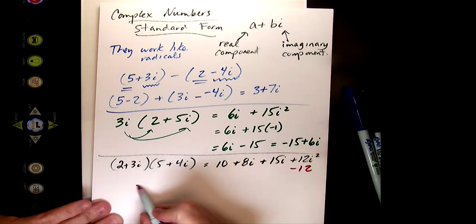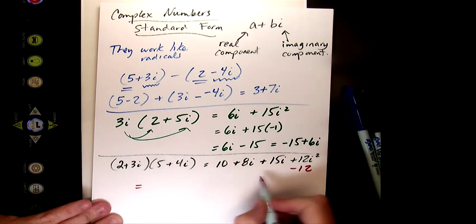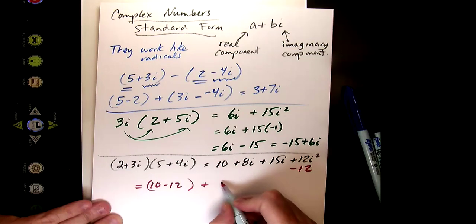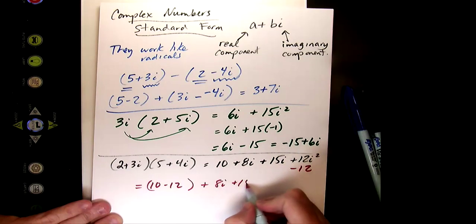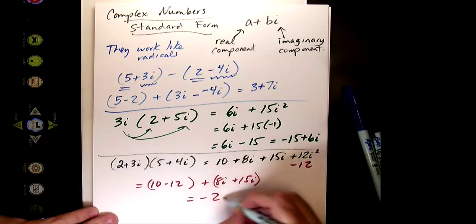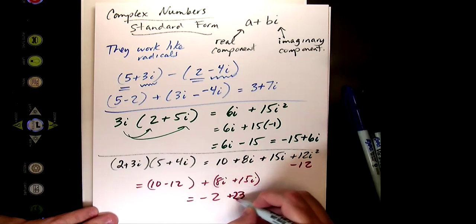So when we combine like terms, I've got 10 minus 12 plus 8i plus 15i. So this ends up being -2 plus 23i.